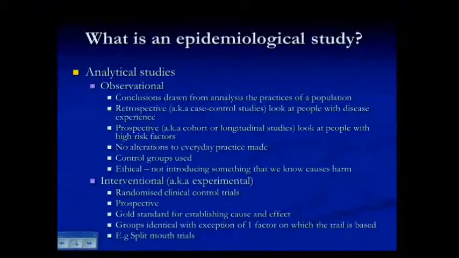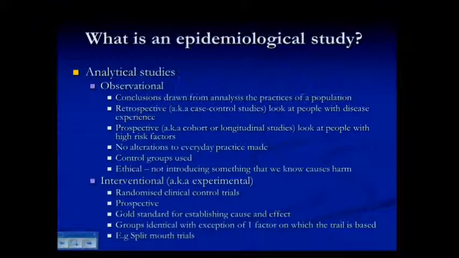So we have observational studies, and as the name suggests, we get conclusions from looking at people, and looking at the population, looking at the practices of that population. We're just watching them in their natural environment and making decisions about it from that. They can be retrospective, so that means looking in the past, and they're looking at people who have the disease.